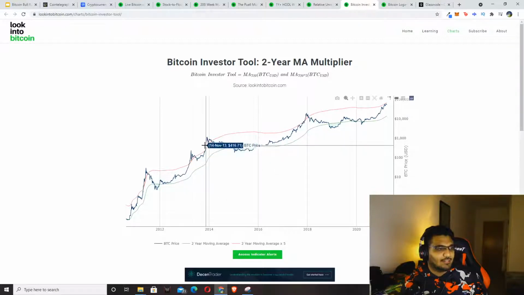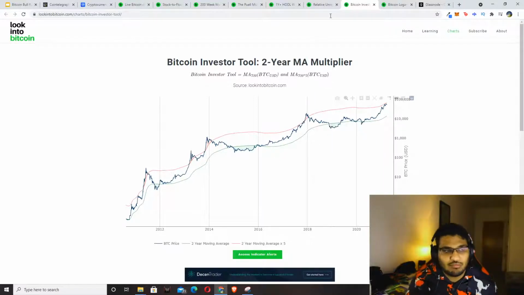But then if you had sold somewhere here, let's say 416, and you bought back somewhere here like 265, you're going to double. If you sold somewhere here like 10,000, remember it went up to 20,000, but if you had sold at 10, which is reasonable, you could have bought back at 4, you could have bought back at 3, and then continue multiplying your investment.